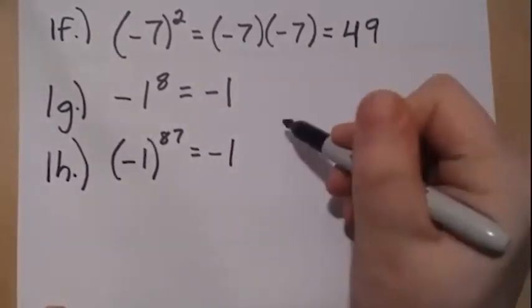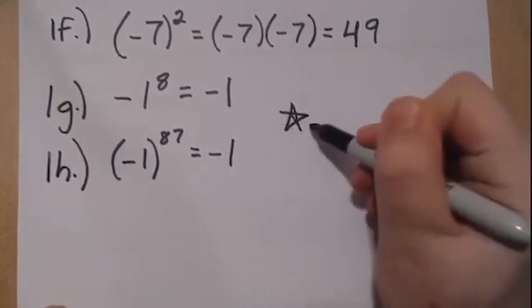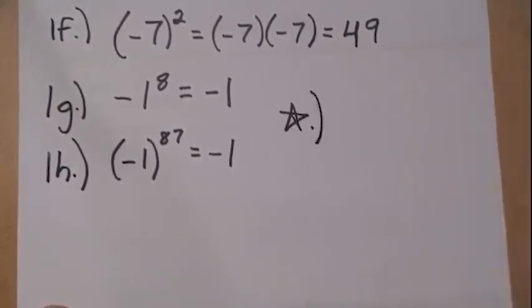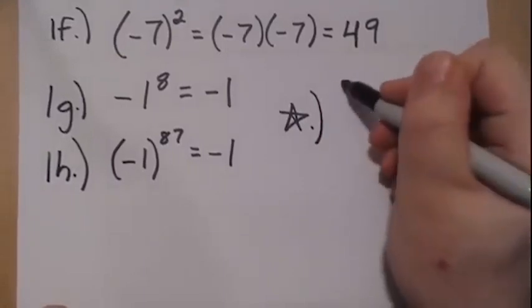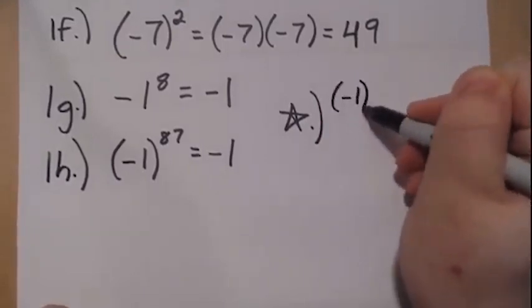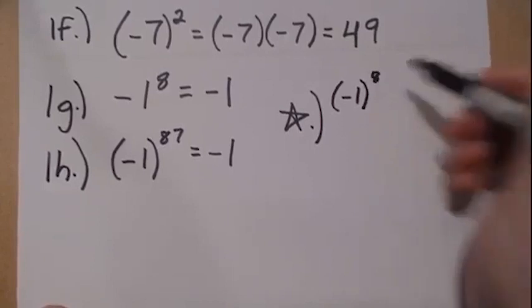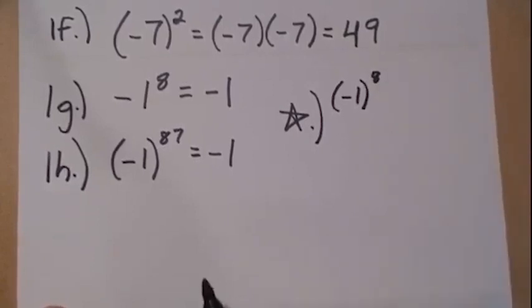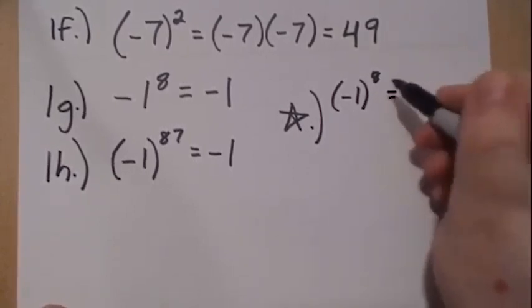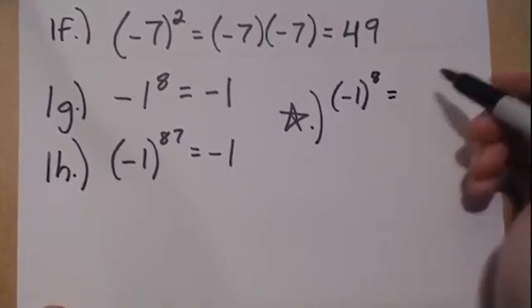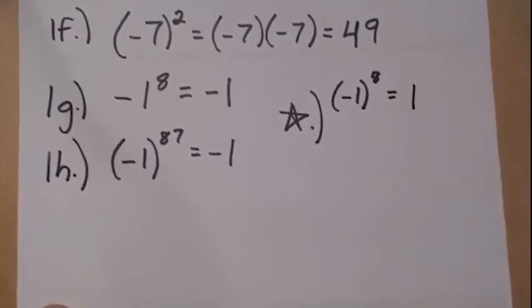So just to show something different here, here's an example I'm just making up right now. Let's say it was negative 1 to the 8th in parentheses. Well, then we would have an even power, a positive answer, and 1 to any power is 1. So if we had negative 1 in parentheses to the 8th, that would be an answer of positive 1.